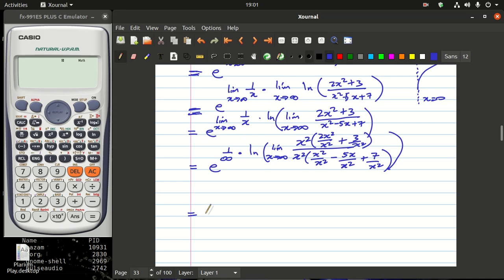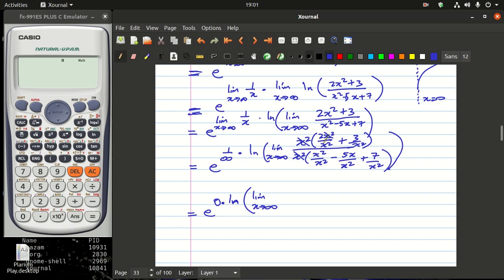And now I end up having e. If you look at 1, it is a constant. Any constant divided by infinity, you are going to get a 0, my dear. So this one here, you end up having a 0 times ln, right? This is a natural log. What is going to be inside? This one here and that will cancel out. I still have a limit as x approaches infinity.